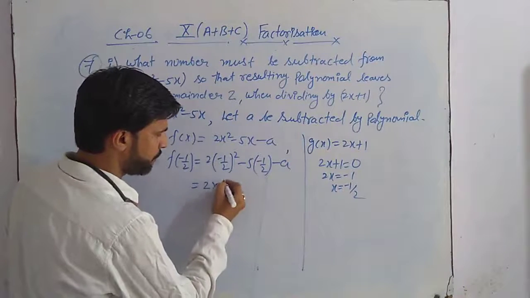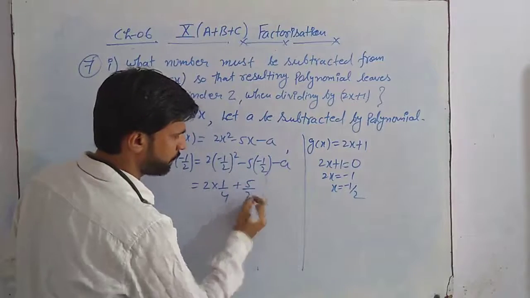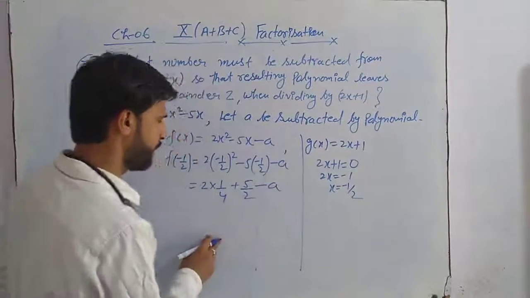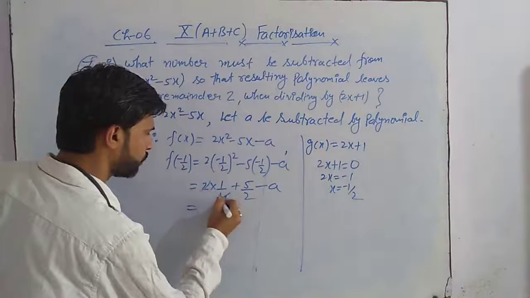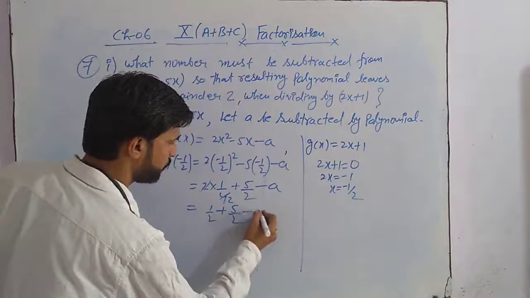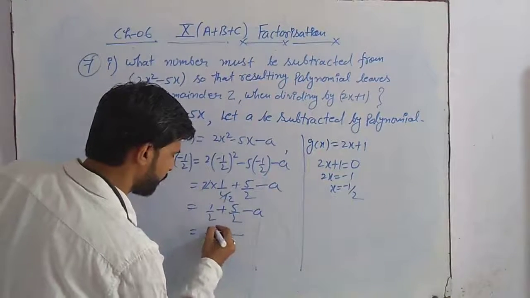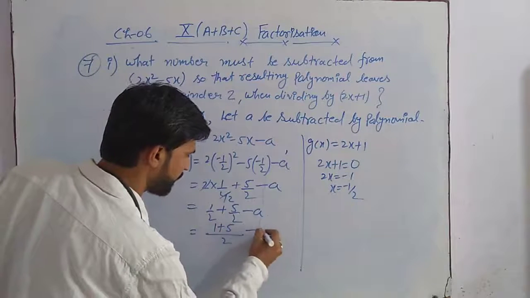2 times minus 1 by 2 square, minus 5 times minus 1 by 2, minus a is equal to 2. Square of minus 1 by 2 is 1 by 4, and minus times minus is plus, so we get 5 by 2 minus a. Now 2 times 1 by 4 is 2 by 4, it means 1 by 2 plus 5 by 2 minus a. Now taking 2 as the LCM, we get 1 plus 5 minus a over 2.